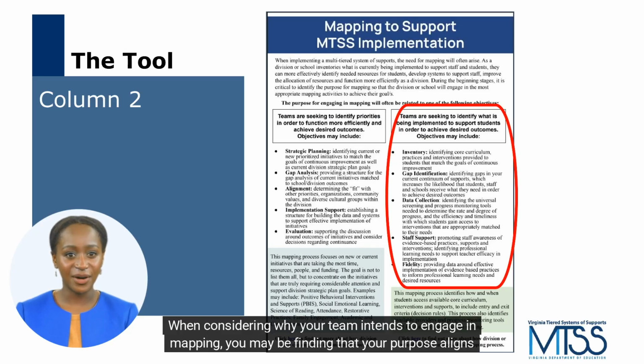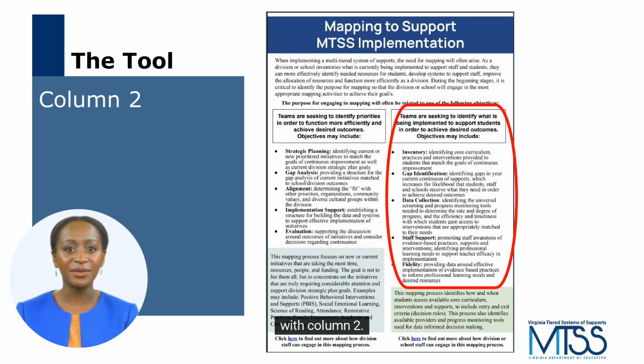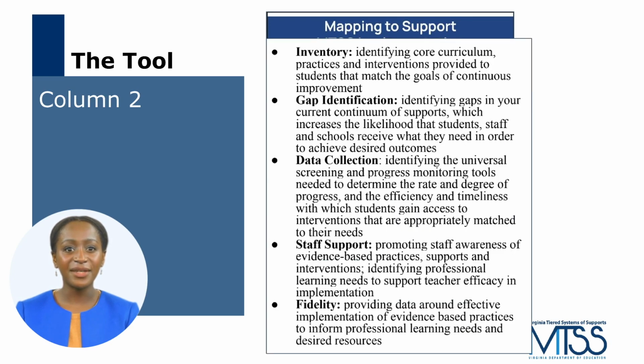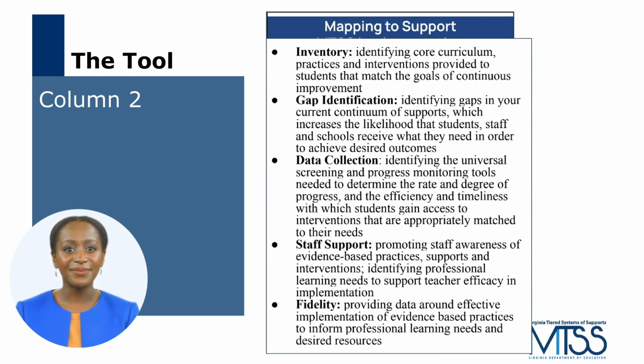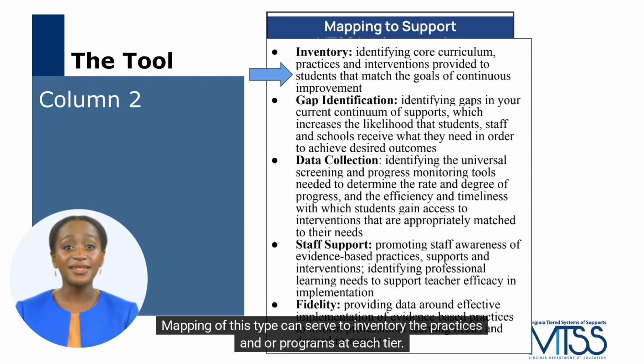When considering why your team intends to engage in mapping, you may be finding that your purpose aligns with column 2. If so, take time to identify what goals you hope to achieve through the mapping process. Mapping of this type can serve to inventory the practices and/or programs at each tier.